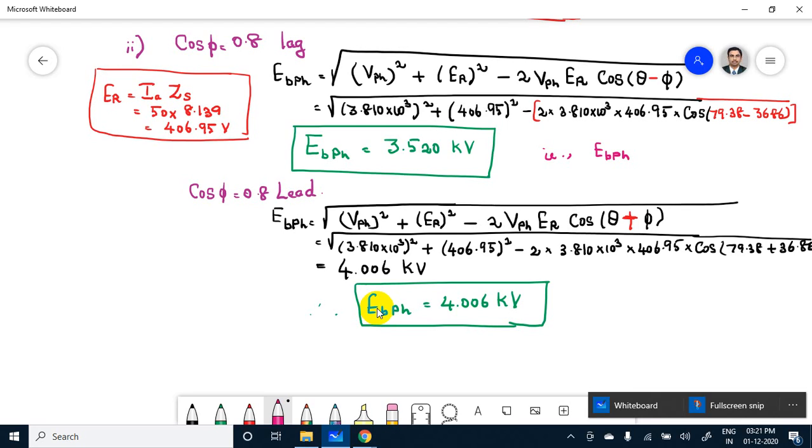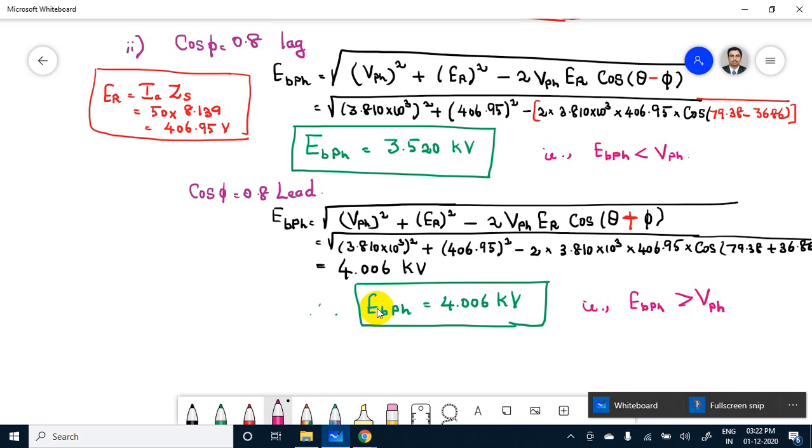So the condition is that EB phase will be lesser than V phase. In leading also you compare EB phase with V phase, and EB phase will be greater than V phase.